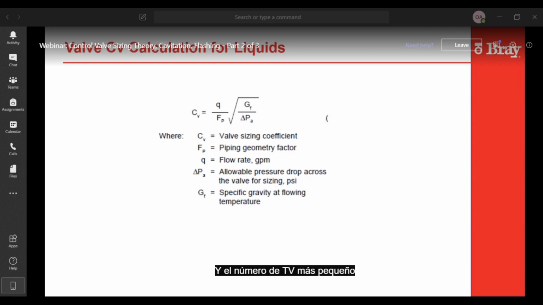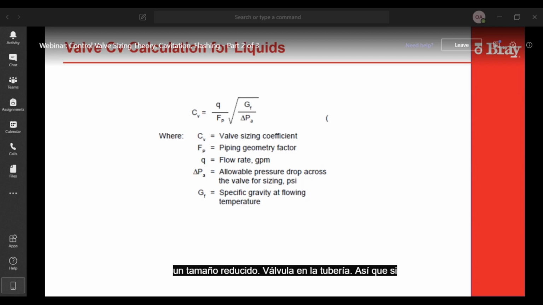And the smaller the CV number becomes, the smaller the valve size you need becomes, which can save money, and in a lot of cases you get better controllability if you put a reduced size valve in the pipe.